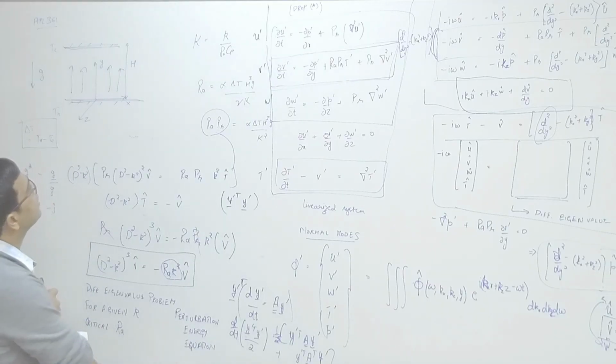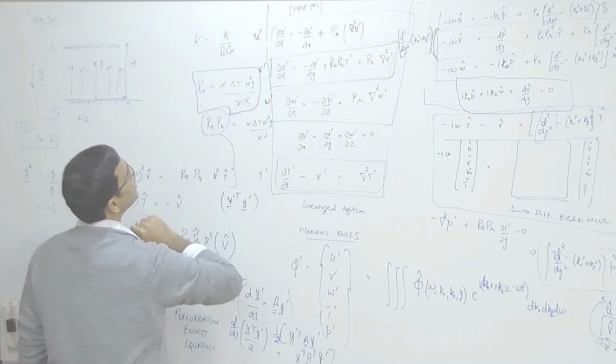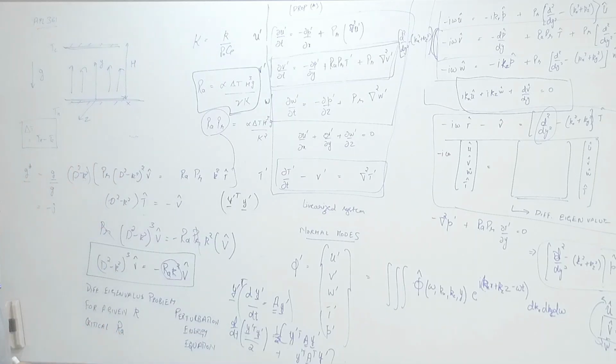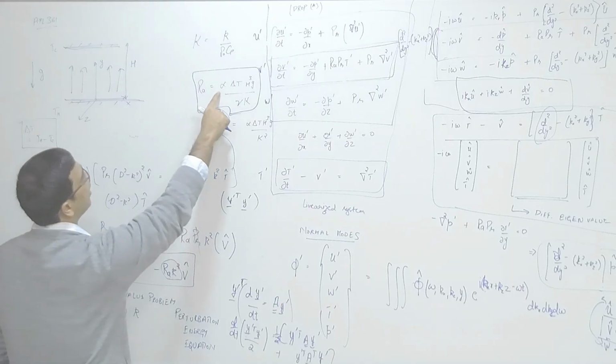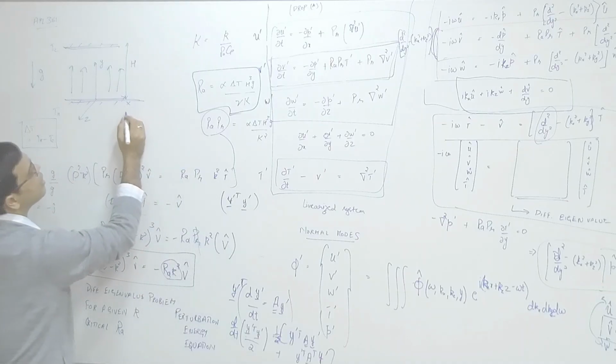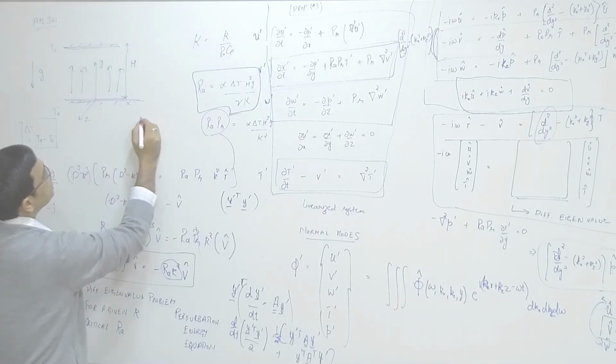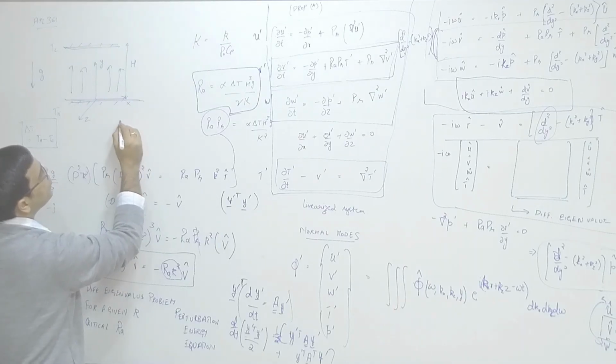Okay, and that really is captured in the definition of your Rayleigh number. And how is this captured? So let us try to look at physically what this Rayleigh number is trying to communicate to us. Okay, so let us look at it from this point of view.